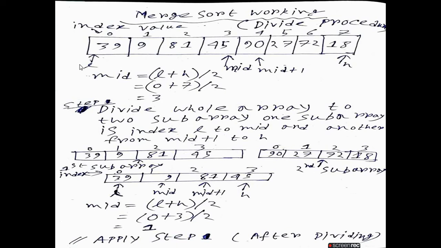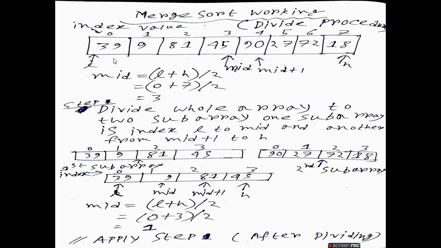Every time we do the same thing: calculate mid, then divide the whole array into two sub-arrays. One is from index L to mid, the other is from mid plus 1 to high, meaning H. That is our basic step, and this operation is done in every case.